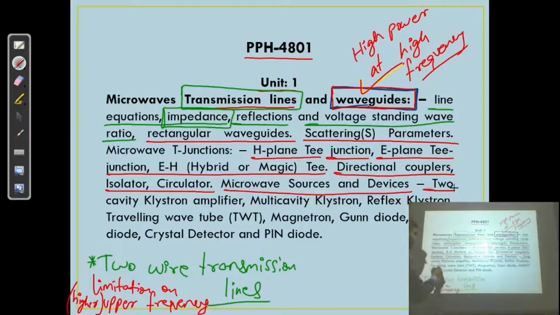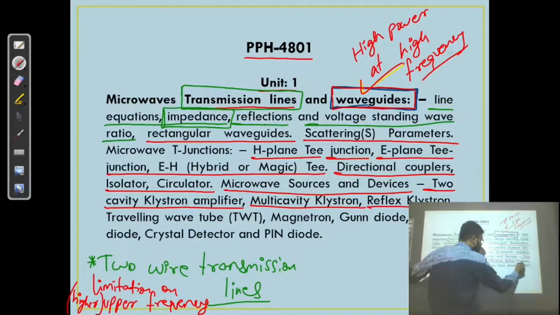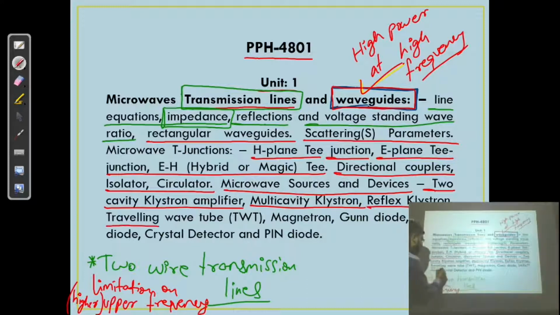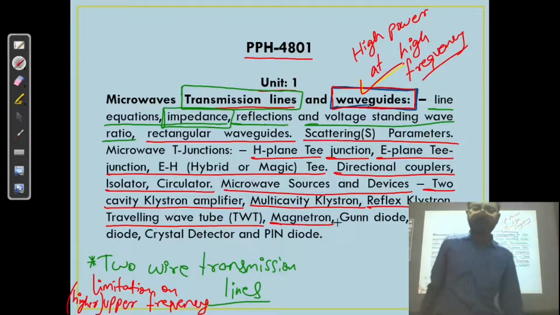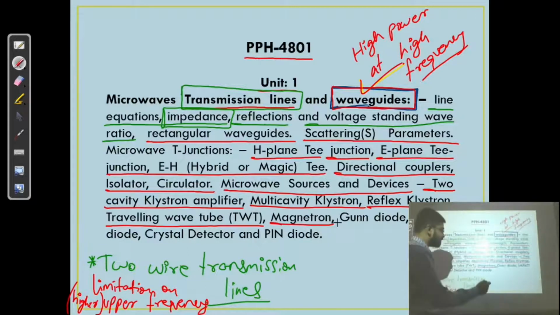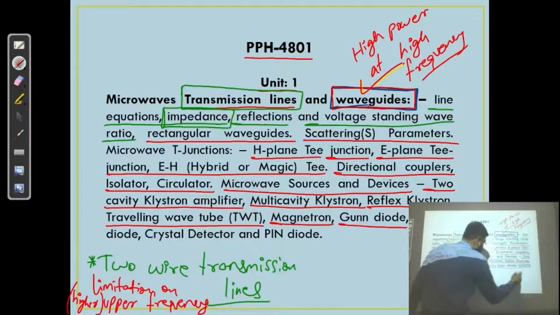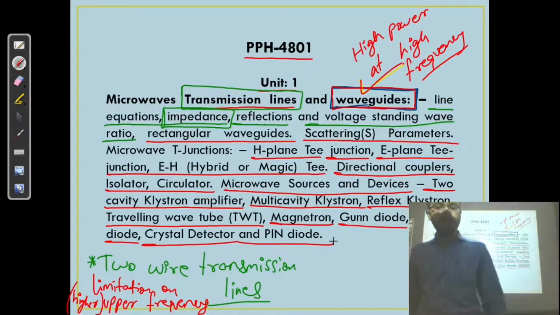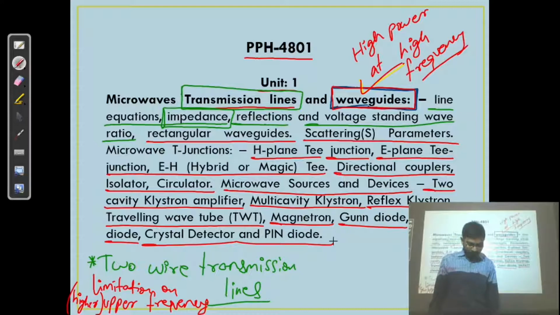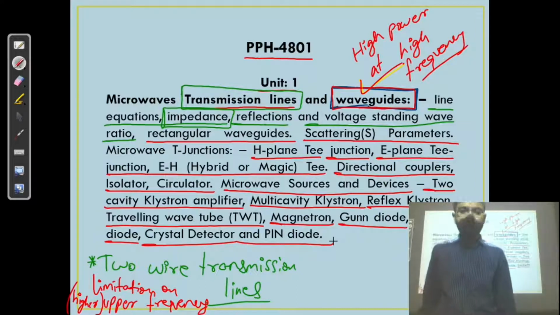In that we will study two cavity klystron amplifier, multi-cavity klystron, reflex klystron, traveling wave tube, magnetron, and then we will take some of the microwave semiconductor devices, consisting of Gunn diode, IMPATT diode, crystal detector, and PIN diode. So this is just an overview of the unit, that is microwaves, transmission lines, and waveguides, that we are going to study.